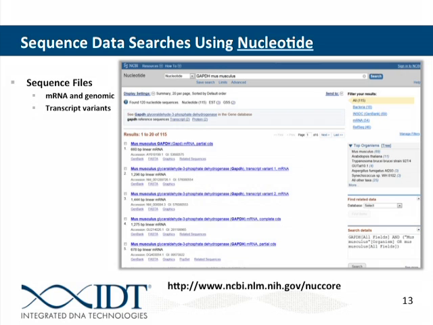Alternatively, we can search for our sequence of interest in the nucleotide database. These files will bring up mRNA and genomic sequences as well as transcript variants. So you want to look for an NM of your gene of interest and pull up that sequence.